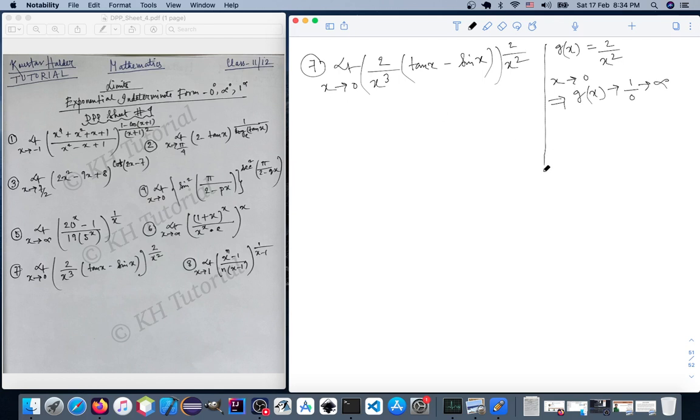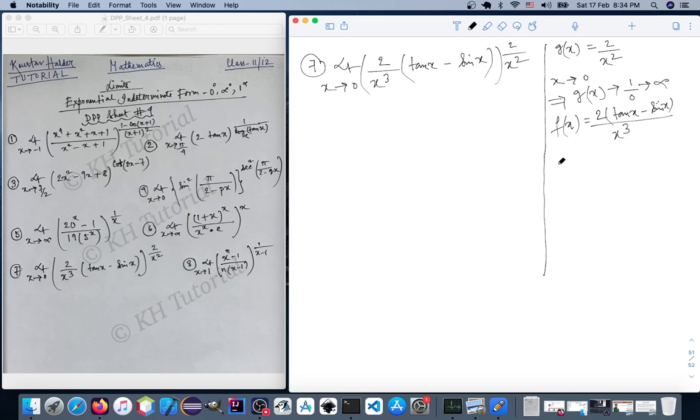Just for the sake of confirmation, we can check if x equals 0, 2 times tan x minus sin x over x cube. It is of the form 0 by 0.